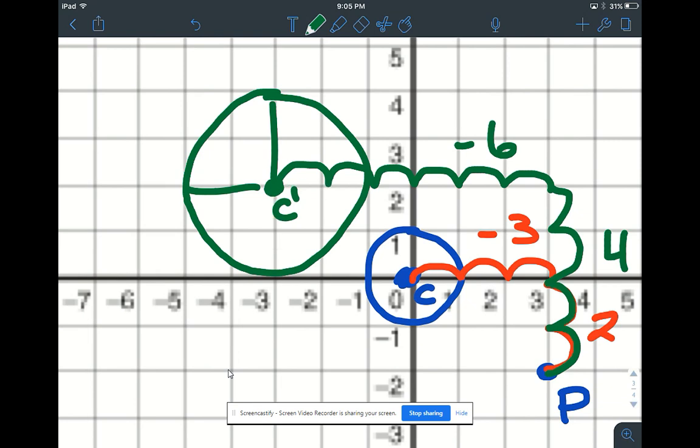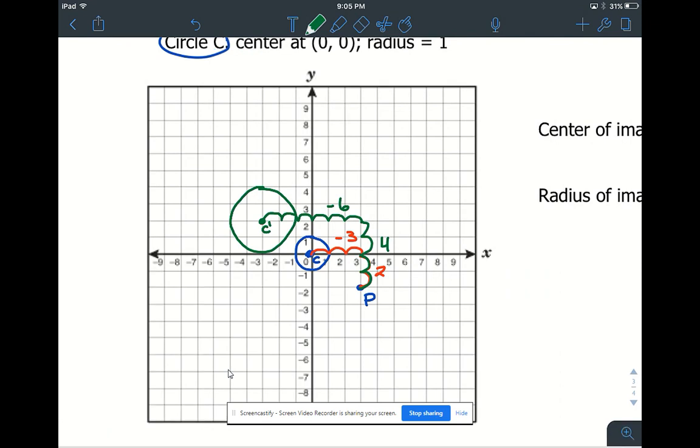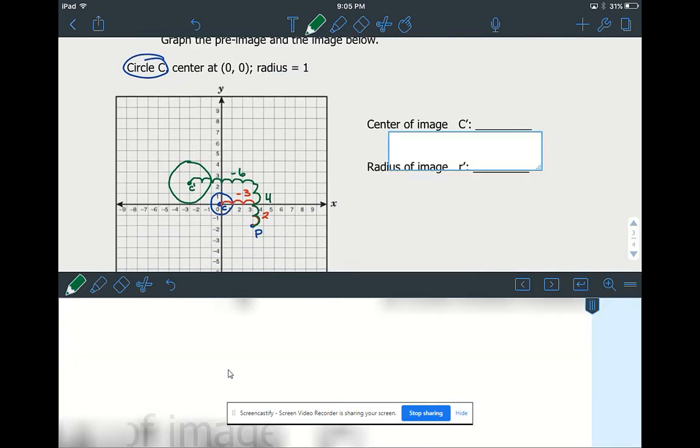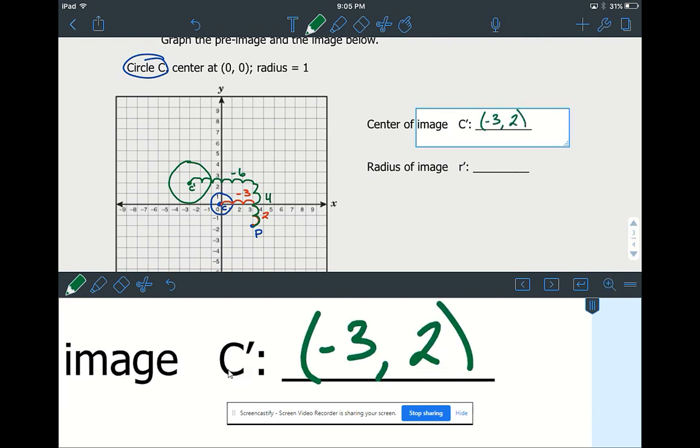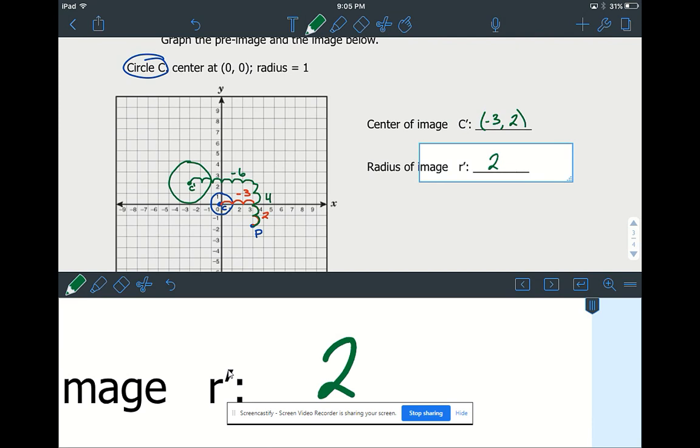So 2 units on every side of the circle. And that's it. Circles are super simple. Now we just have to give our answers. So the center of image C prime, the middle of C prime, is at -3, 2, and then our new radius is 2.